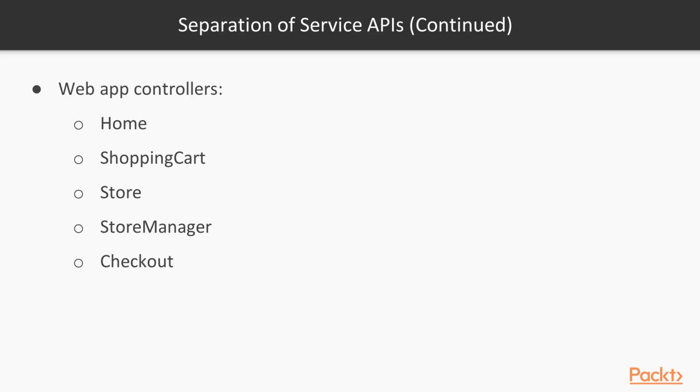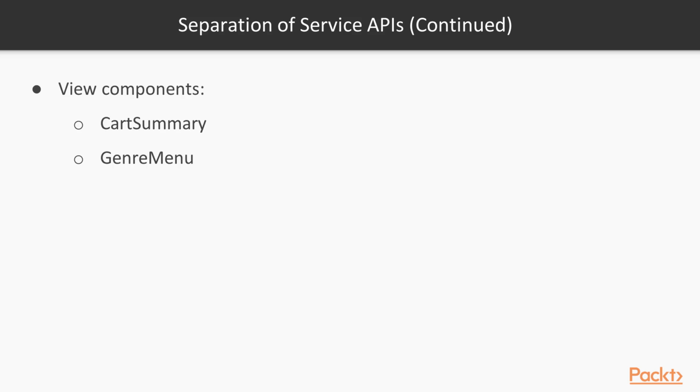On the front end, we had at origin a home controller, shopping cart controller, store manager, and checkout. And we also have two view components, the cart summary and the general menu, which behave as controllers practically.